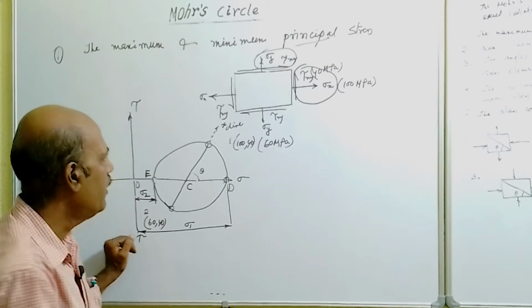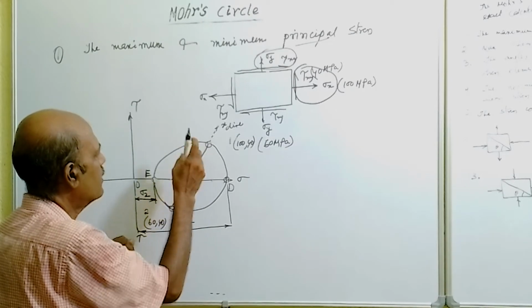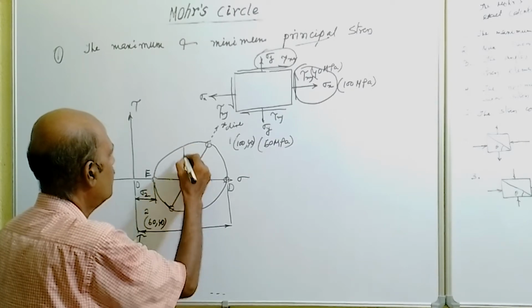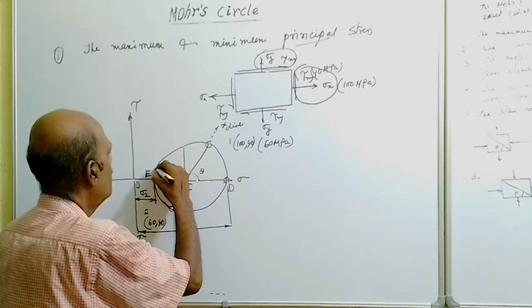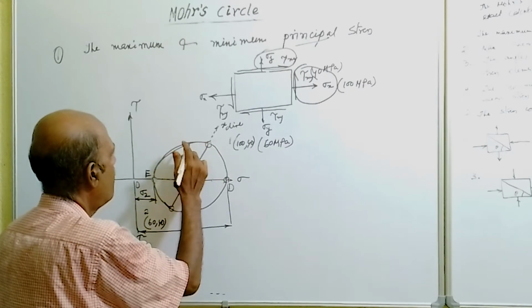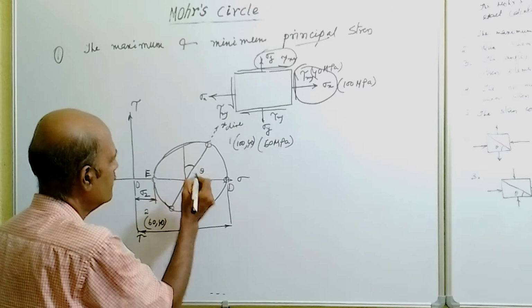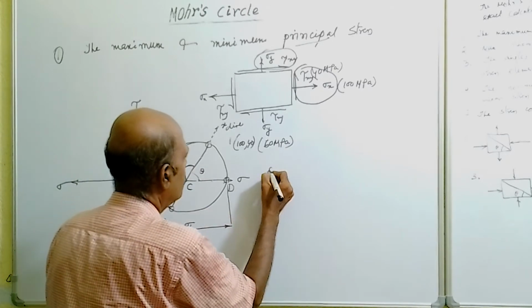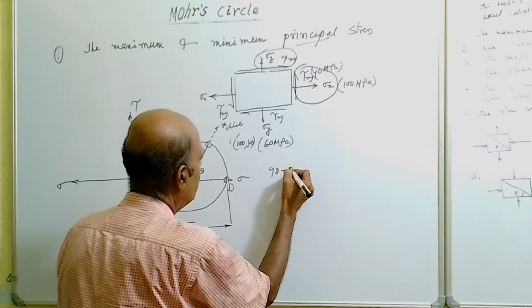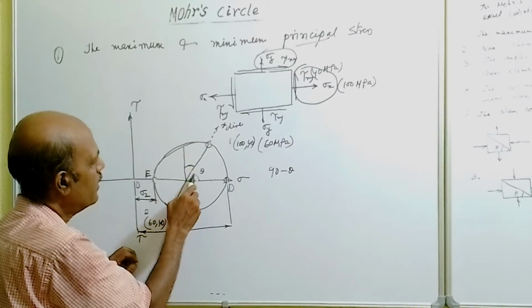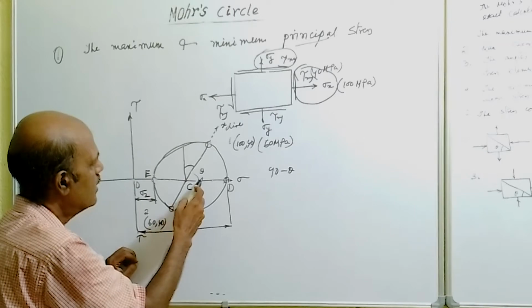If we rotate the x direction in the anti-clockwise sense by this angle, that is 90 minus theta, the x direction makes an angle theta.